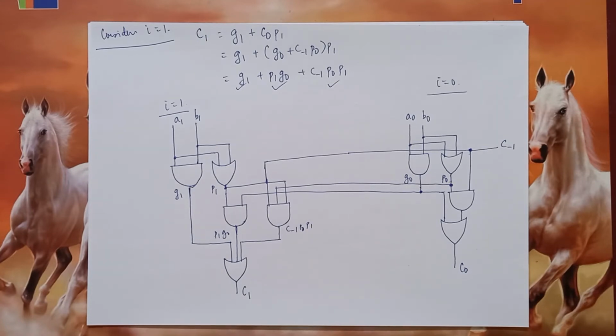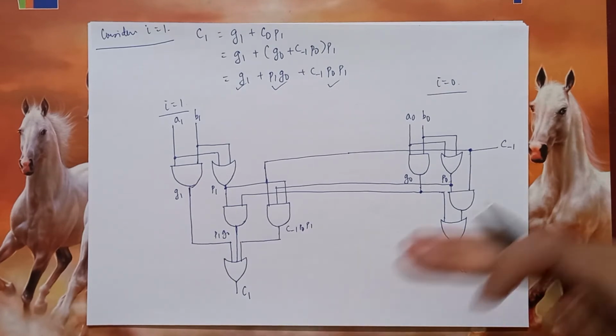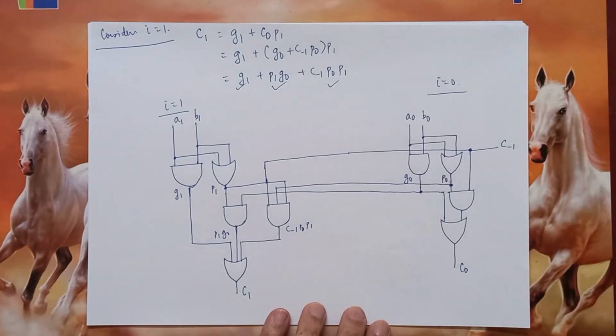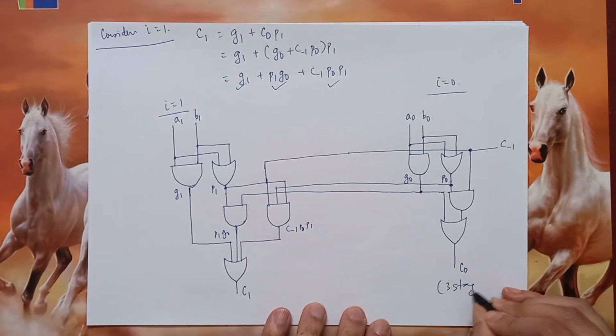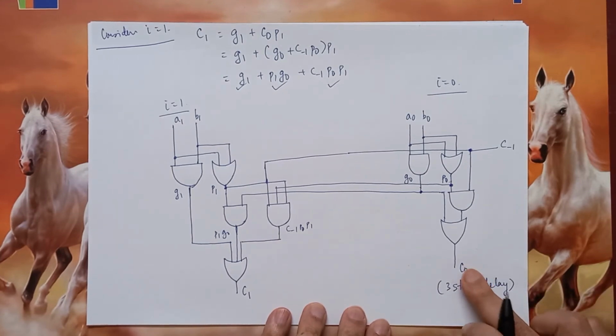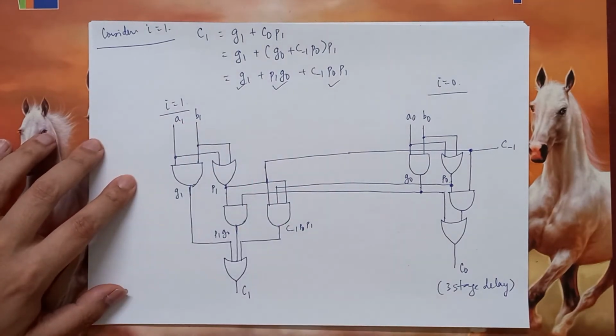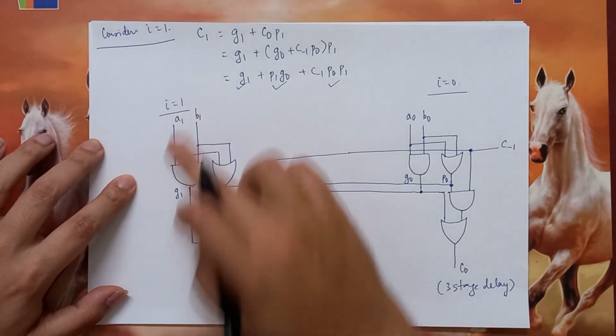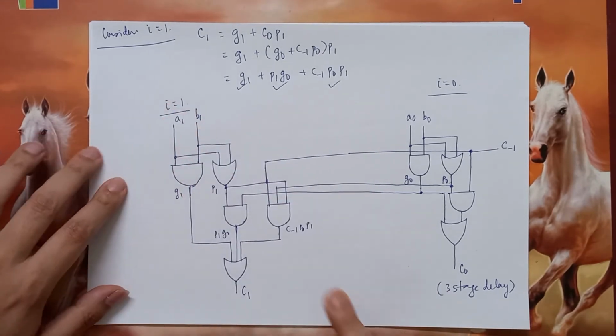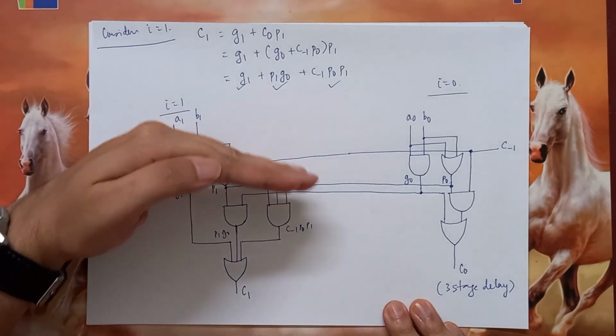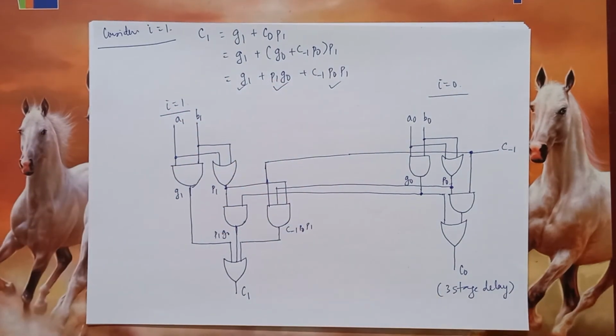Now, what do we see over here? For the I equal to 0th stage, we see a 3-stage delay when looking from the input to C0. But now let's look at I equal to 1. Let us look at C1 compared to all the inputs. When I look at A1 and B1, again the number of stages are 3.